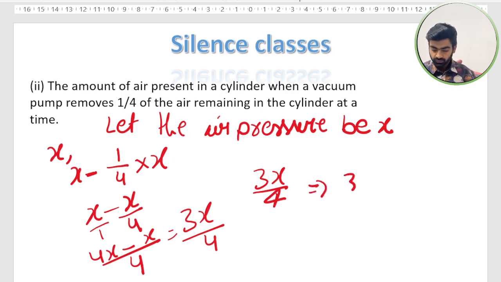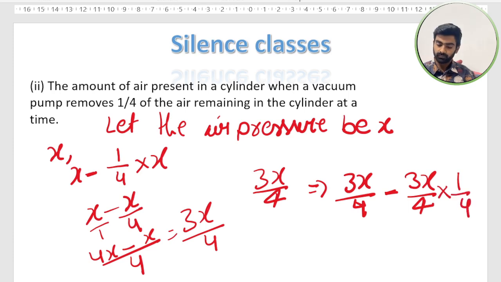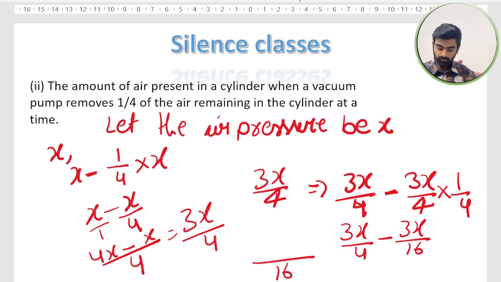So 3x upon 4 minus 3x upon 4 multiplied by 1/4. It will come 3x upon 4 minus 3x upon 16. So LCM will be 16. 4 times 3x is 12x, minus 3x, so it will come 9x upon 16.